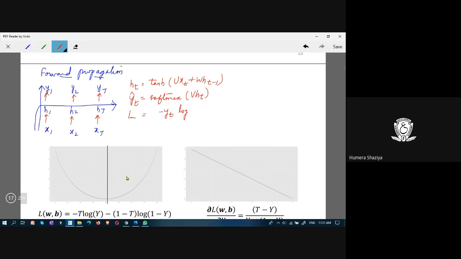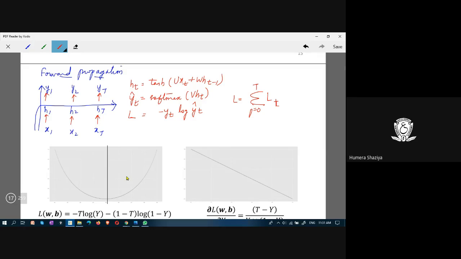The generated value or the predicted value is this y hat, and loss is computed from the actual value, minus y log of predicted. This is for a single sample, and when you take this for all the samples, j equal to 0 to t, you get the loss of t.